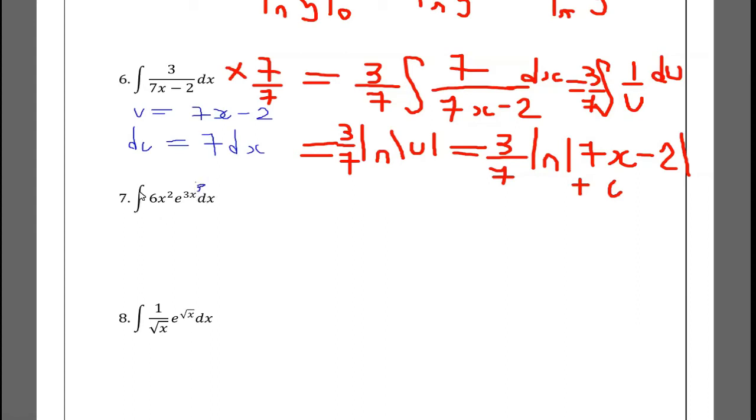We're looking at substitution. The expression is e to the 3x cubed.